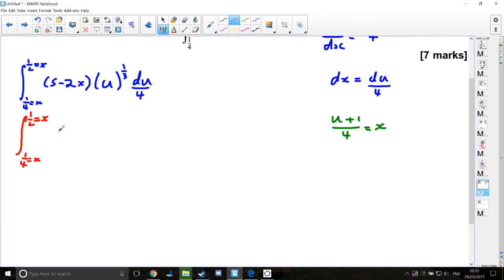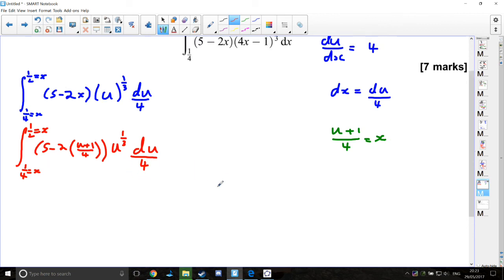And now I'm going to sub this in, so I've got 5 minus 2 lots of u plus 1 over 4, u to the third du over 4. Right, everything's in terms of u. What I'd like to do now is change the x limits to u and then deal with this over 4 here, because this seems to confuse a lot of people.